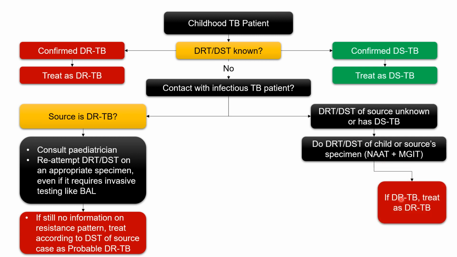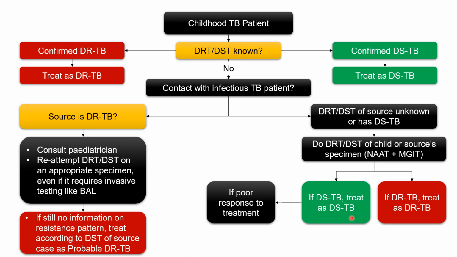And if DRTB is revealed in this test, then we treat as DRTB. If DSTB, that is drug sensitive TB, is revealed, we treat as drug sensitive tuberculosis. But at any point of time, if there is any poor response to treatment, we switch here. That means we have to try testing with a more appropriate specimen, even if it requires more invasive testing.